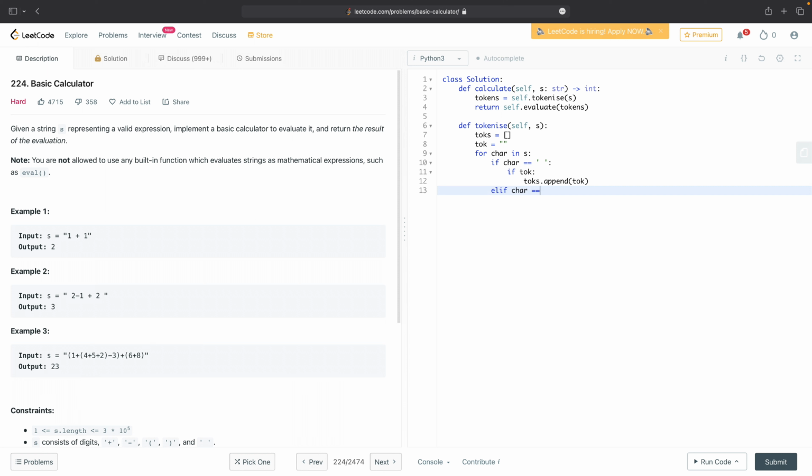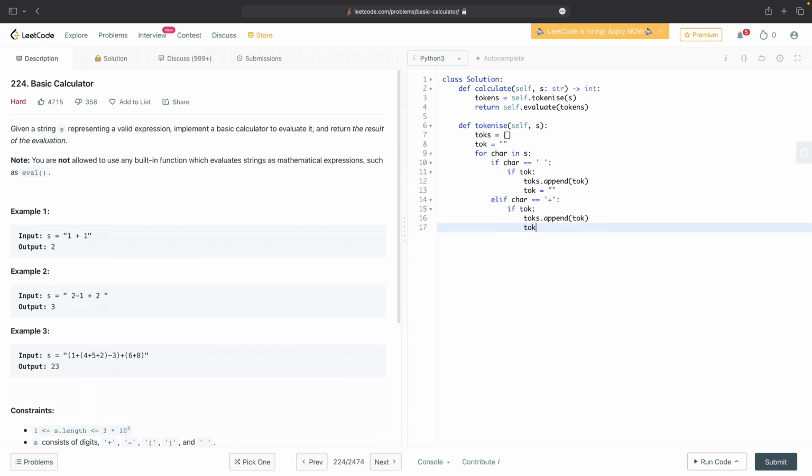If the character is a plus, whatever we were looking at is now done. If tok, toks.append(tok), tok equals empty.